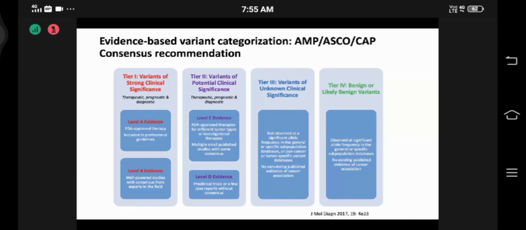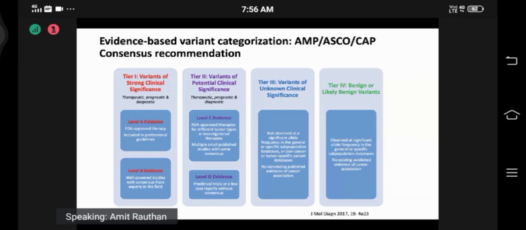And one needs to understand and say that we are not there yet, that we are going to treat these. If one really looks at moving to treating these kinds of variants, one needs to have extensive molecular tumor boards where everyone discusses these, including having all the clinicians and the molecular pathologists to understand what that variant is and why we are thinking of addressing it. And tier 4 are the benign or the likely benign variants.